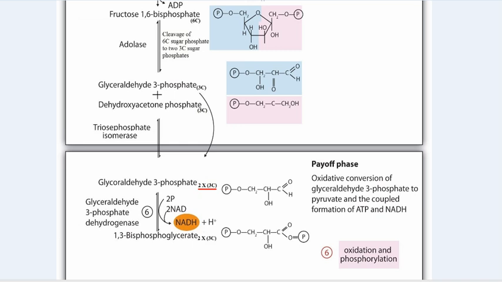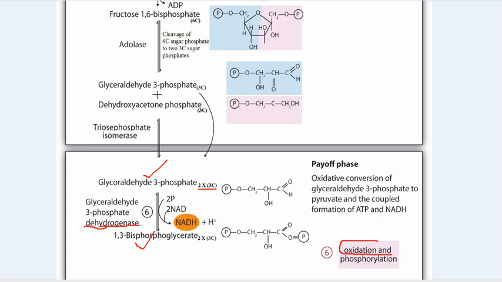Now let me keep myself on this 6th point. Glyceraldehyde 3-phosphate, 2 molecules, will be converted into 1,3-biphosphoglyceric acid, 2 molecules. Over here we are removing hydrogen. So name of enzyme is dehydrogenase. Dehydrogenation means oxidation.